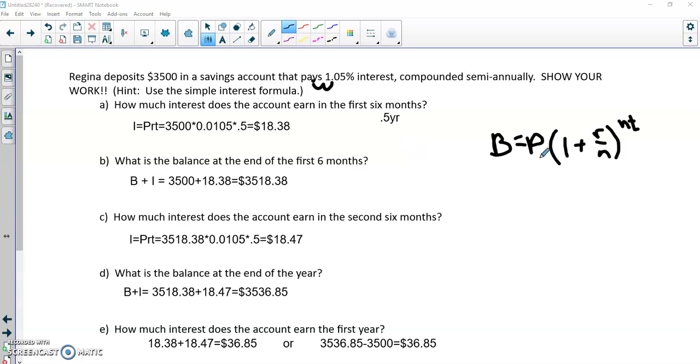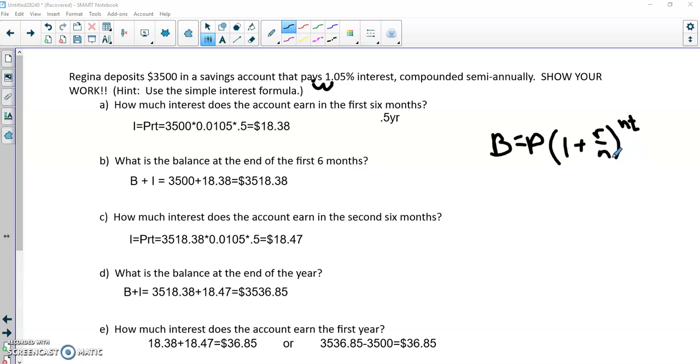This formula only will, in essence, give you the ending balance. Yes, you'll be able to figure out the interest if you subtract the ending balance from the original principal, but this doesn't give you the interest earned after 6 months, the interest earned after the full individual quarter or the individual amount of time compounded.